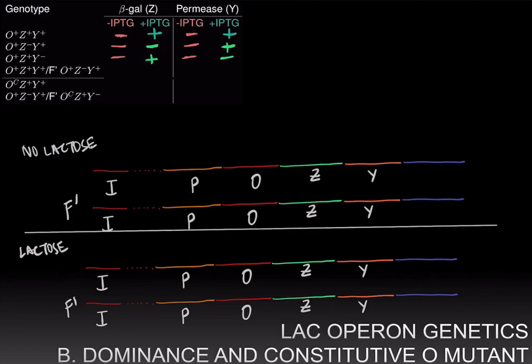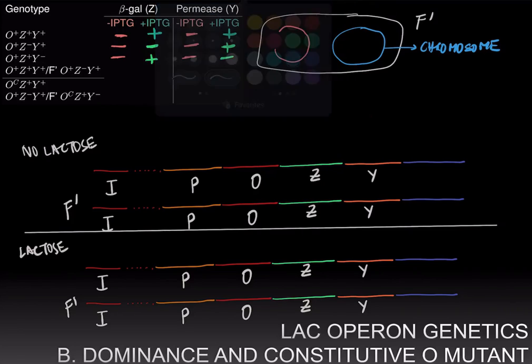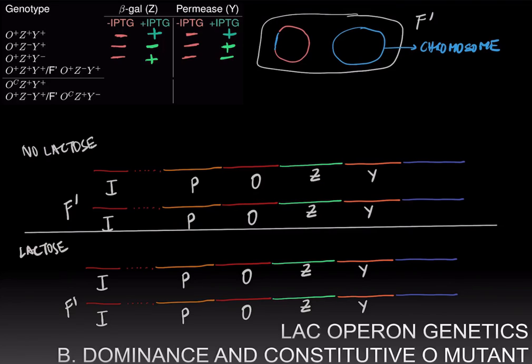And the way you do that is that, let's say we have an F prime strain, which means that the cells have a bacterial chromosome, but they also have a plasmid, an F plasmid, that carries a section of the bacterial chromosome on it.